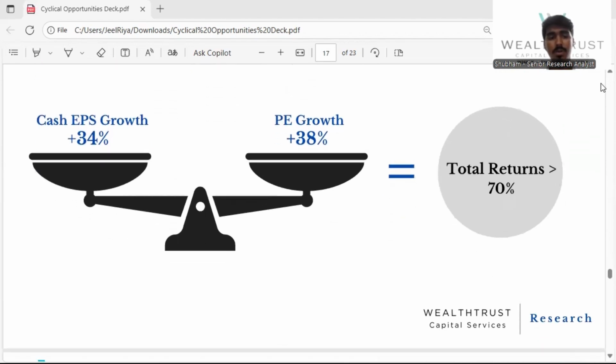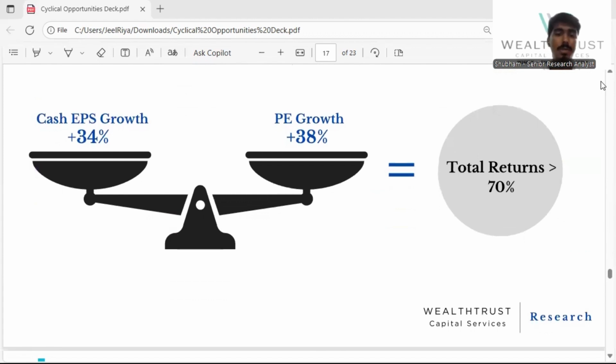As I said, EPS growth increased 34%, PE also expanded, and there was a value re-rating, which at the end resulted in up to 70% returns in KRBL in about 1.5 years.